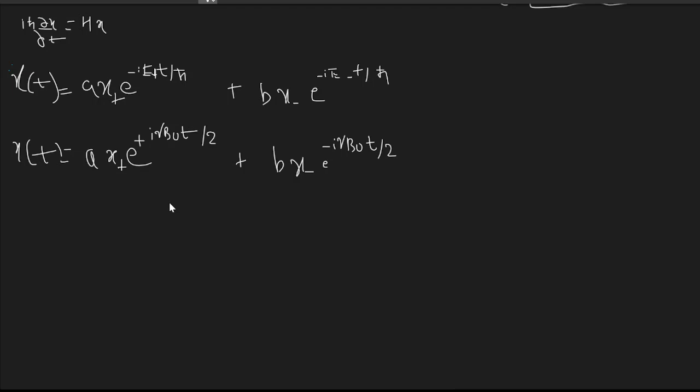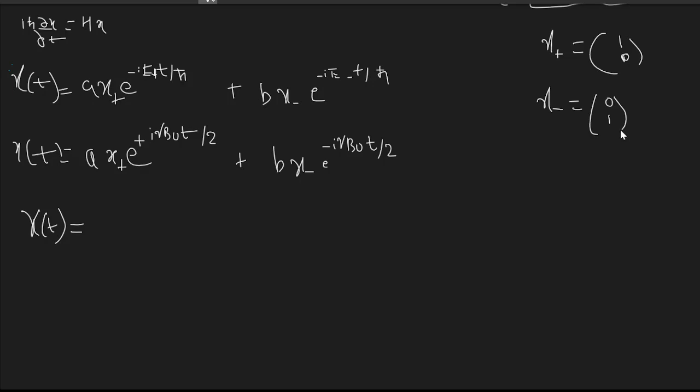Let's write this scenario in matrix form, because matrix form is very helpful. How are we going to write this in matrix form? Quite easy. Here chi plus, not x, but the spin up, is represented in matrix form as (1, 0), and the spin down is represented as (0, 1).